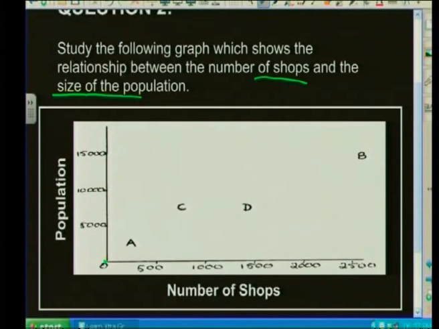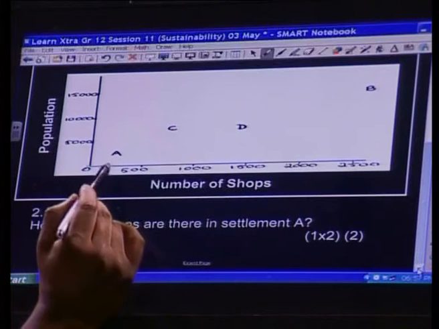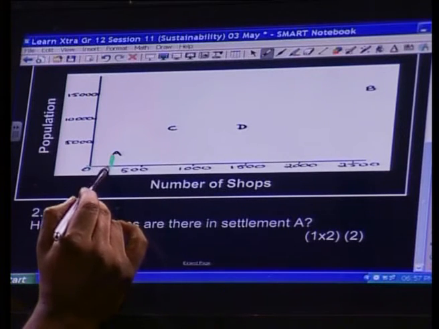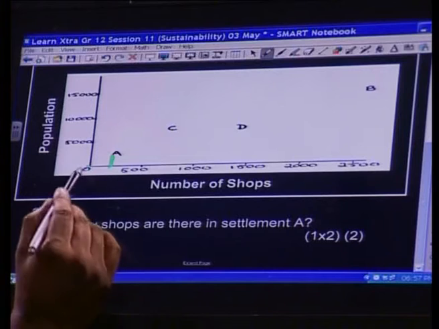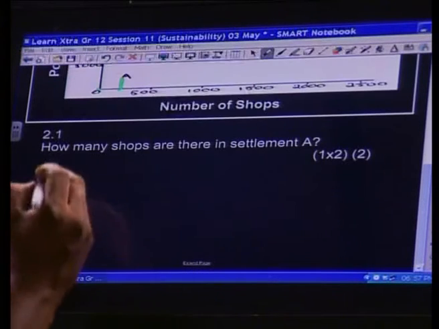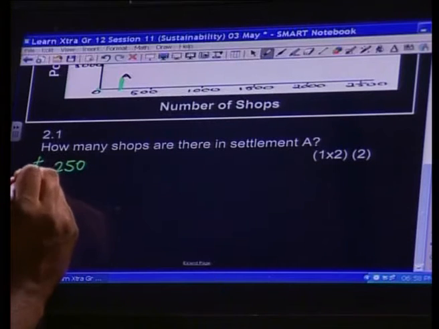The letters A, C, D, and B. How many shops are there in settlement A? If we look at settlement A, there is no exact reading. However, it's almost at the center. Note that, between 0 and 500, therefore, a possible answer could be 250 plus minus.